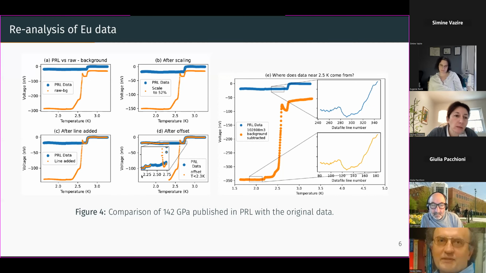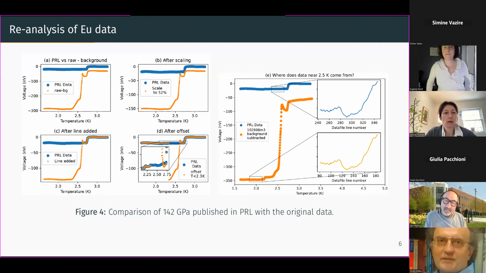So this script took about 15 minutes to run. I then took the difference between the shifted data and the original data, calculated the residual, and then sorted the files and the line number offsets by residual. And very quickly it popped up a certain portion of data where this data clearly came from. And so it came from a different data file and a different temperature range.